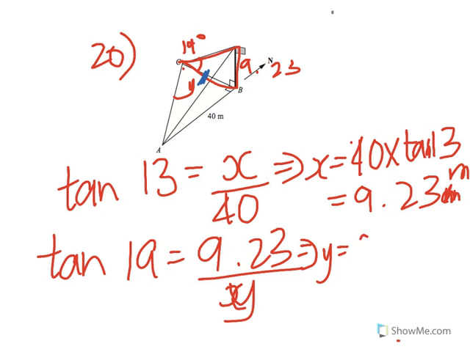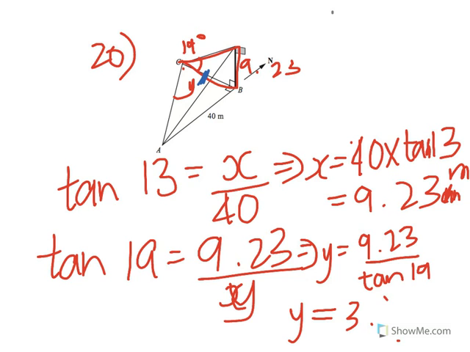You're going to get y is equal to 9.23 over tan 19, which is about 39.97. Rounded to three significant figures, we'll say it's 40. Alright? Oh, actually I made a small mistake again. On the calculator, I typed in 13 instead of 19.